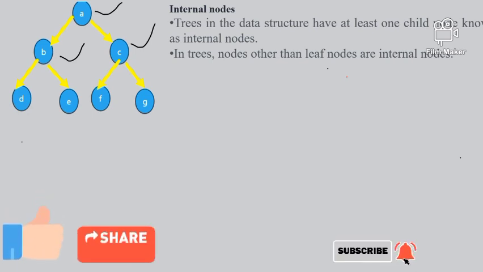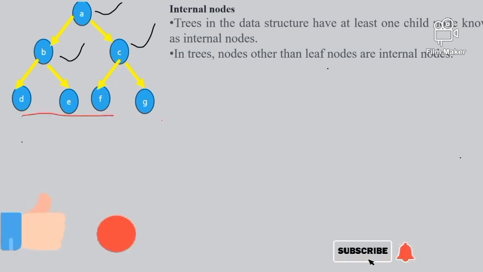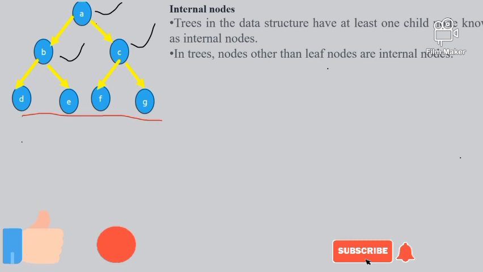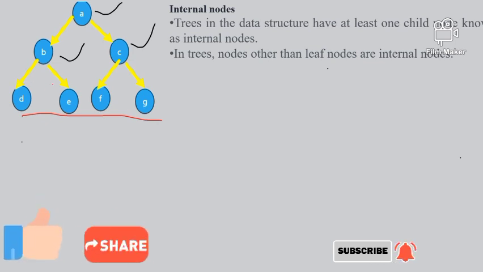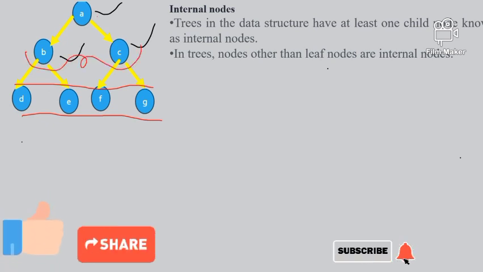Suppose at the last stage, at this stage, my tree has 3 levels, that means root level, parent level and child level. If I am not containing this part, just till here, then what is the internal node for B and C?